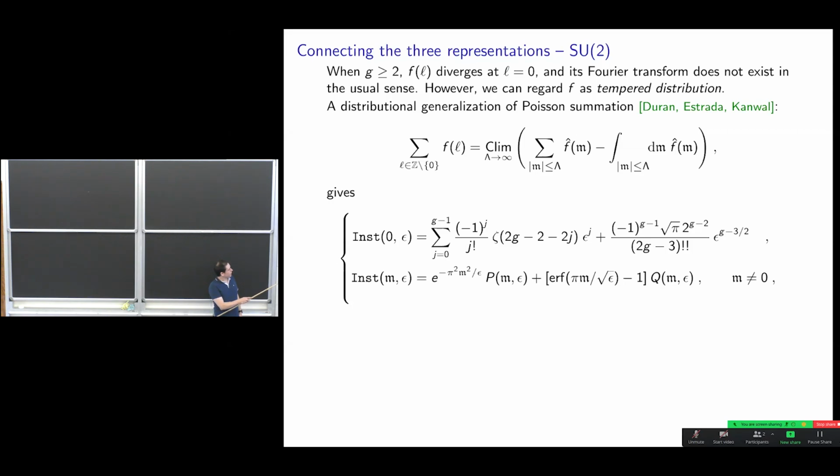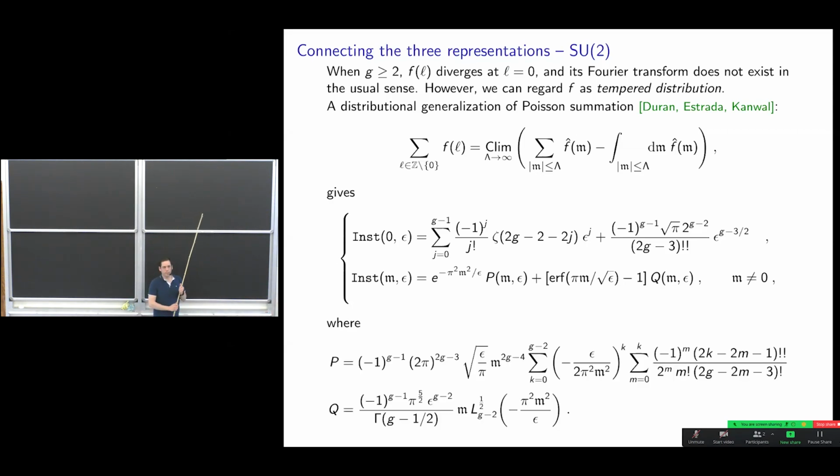This is the contribution for a generic instanton, M, and for a generic genus, G. Here you don't see the genus appearing simply because this is written as an exponential times P, which is polynomial in M and the square root of epsilon, plus another contribution that contains another polynomial Q. And the polynomials, if I write them in the most compact form that I can, are this.